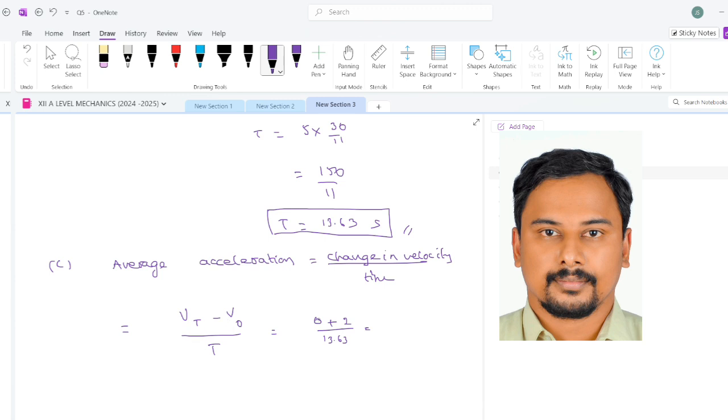So this is minus, right? So it is minus 2 divided by 13.63, which is equivalent to minus 0.1467, rounded off, minus 0.147 meter second power minus 2. So this is the average acceleration.